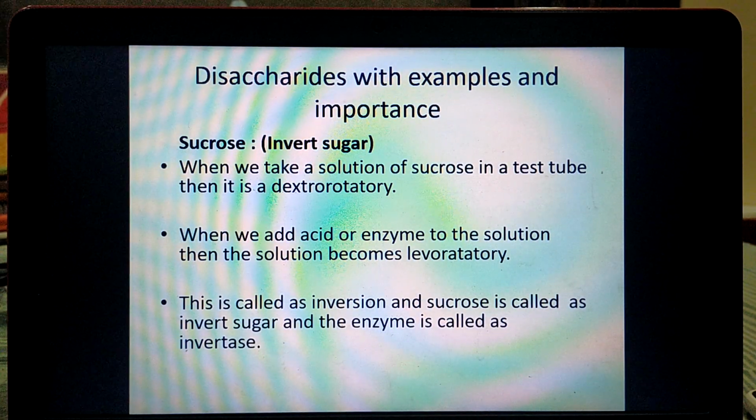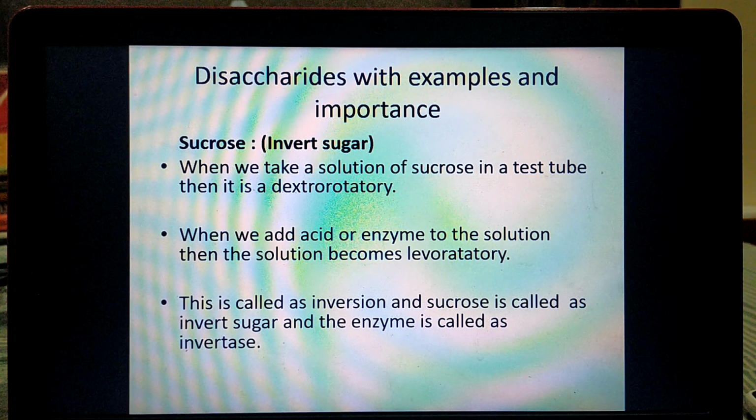Now why is it called invert sugar? When you take a solution of sucrose in a test tube, it is dextrorotatory. After addition of acid or enzyme to the solution, if you take again the optical activity of that solution, you will find that the same solution which was previously dextrorotatory now becomes levorotatory.